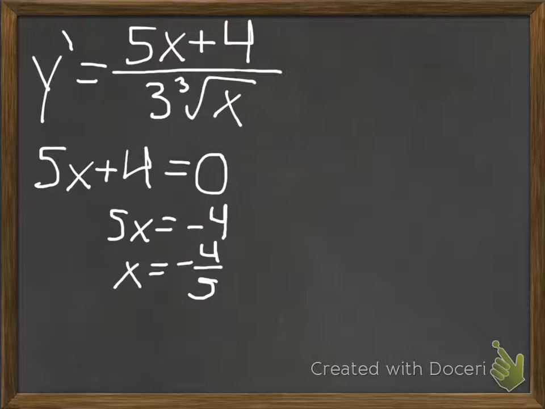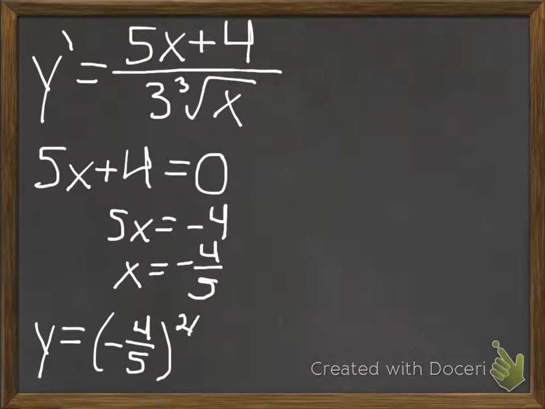And remember, we're trying to find the critical points and the local extreme values of this function, so you have to plug this, the negative 4/5, back into the original equation. So you're going to have negative 4/5 to the 2/3 times negative 4/5 plus 2.